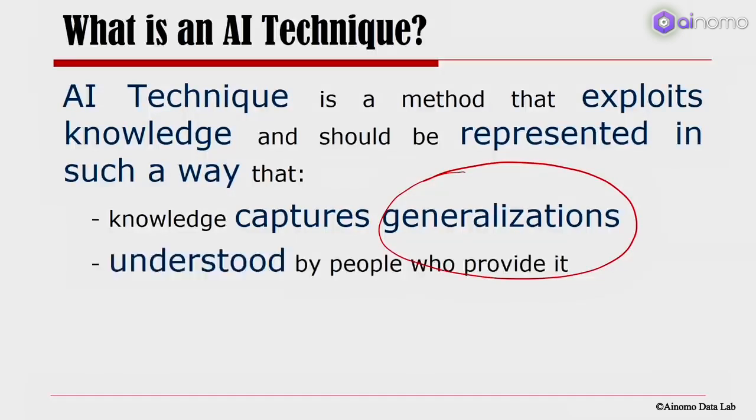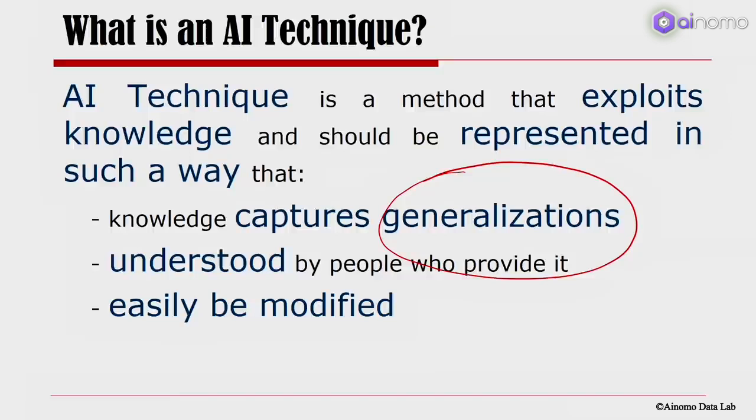The next important thing that an AI technique exploits is knowledge that is understood by the people who provide it. Another important characteristic is that this knowledge needs to be easily modified. When I say knowledge needs to be easily modified, what I mean is that the knowledge needs to be worked on by some system to create new knowledge.